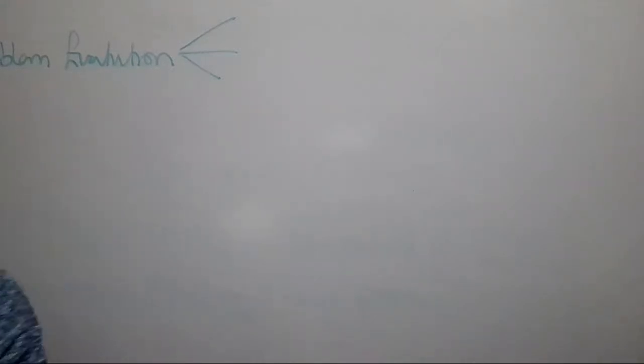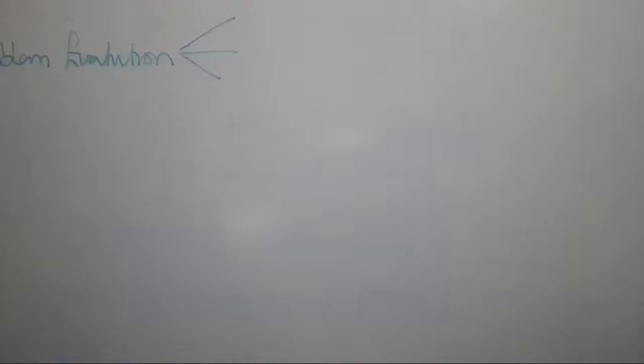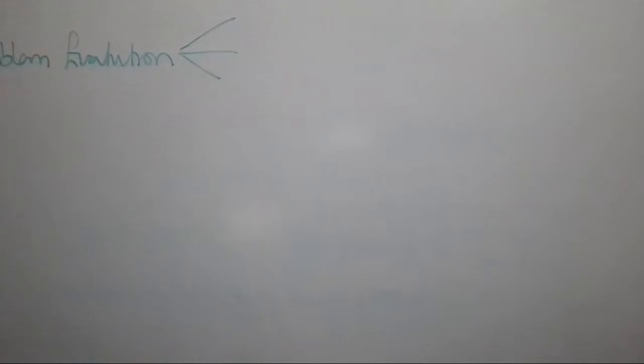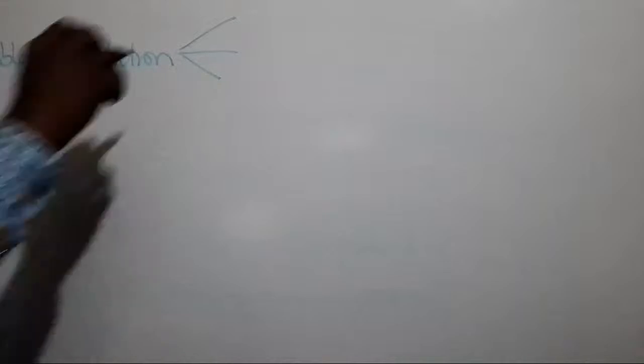So we have sources of problem. One of the first questions we want to ask after you've identified, while evaluating, you want to find out the source. Where did this problem emanate from? Where is the origin? Where is the genesis of this problem?